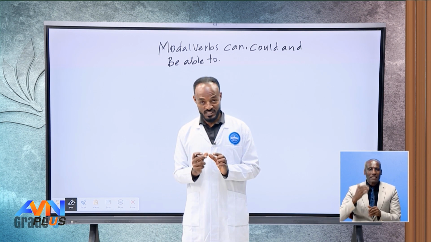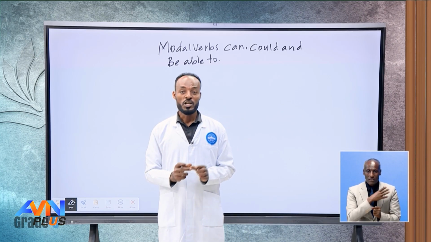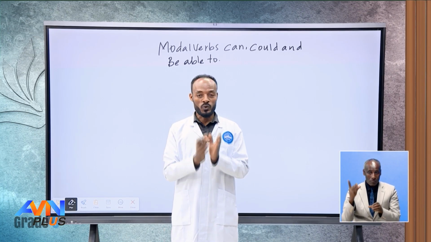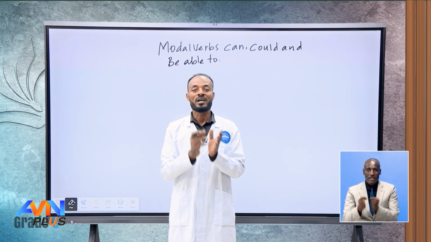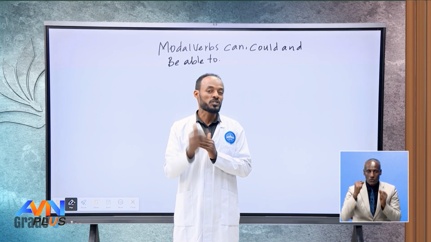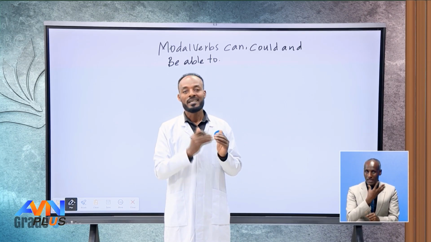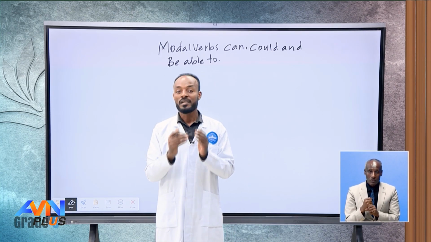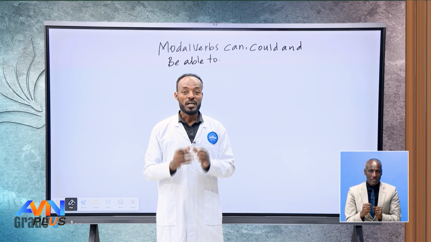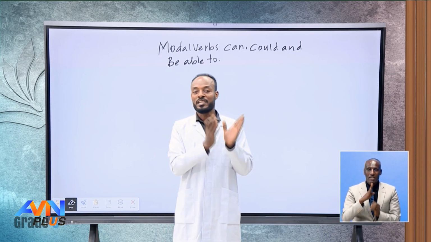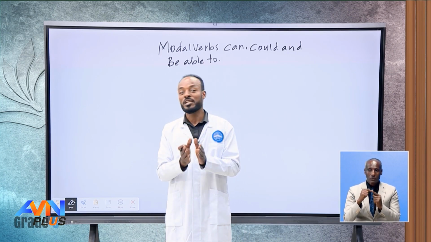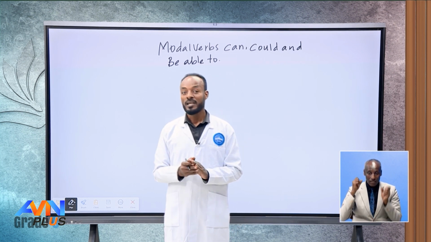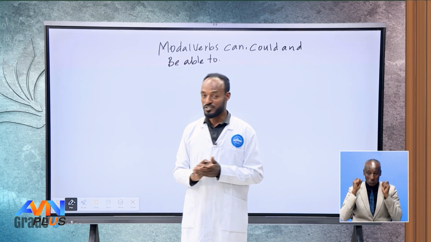The second objective of our lesson is that you are going to make sentences. You are going to express what you can do and what you cannot do using can, cannot, could, couldn't, and be able to. Is that clear? We will talk about present ability and past ability. I hope it's clear. Good. Are you ready? Nice, students.